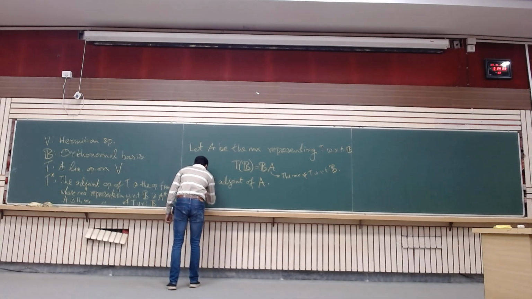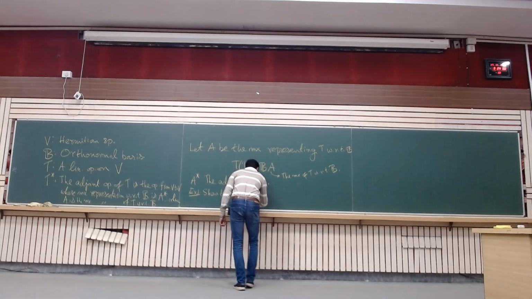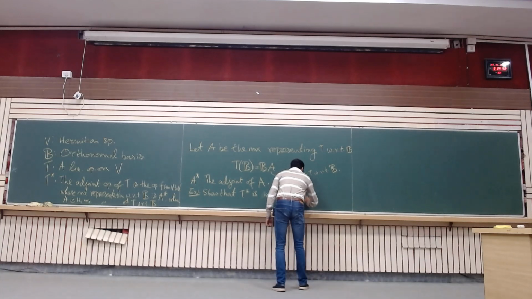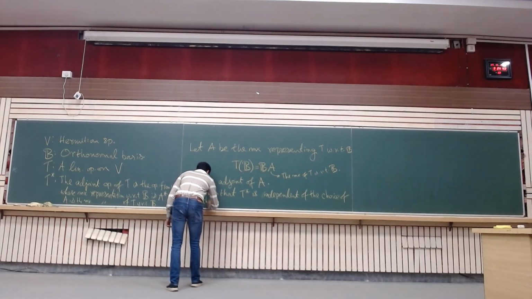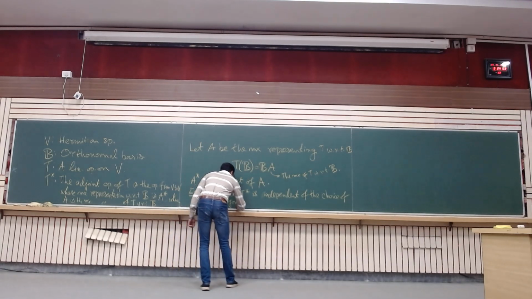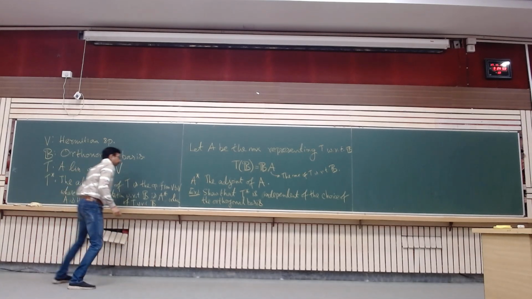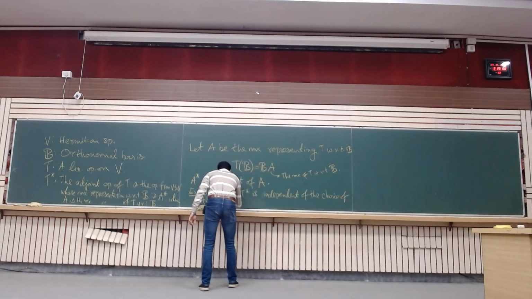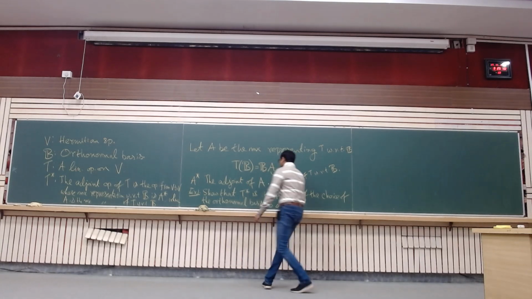Exercise 1: show that T star is independent of the choice of the orthonormal basis B of V. Thank you, Vishesh.